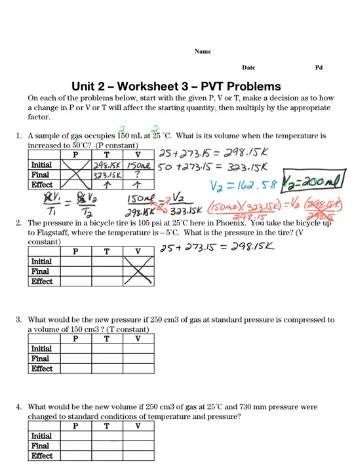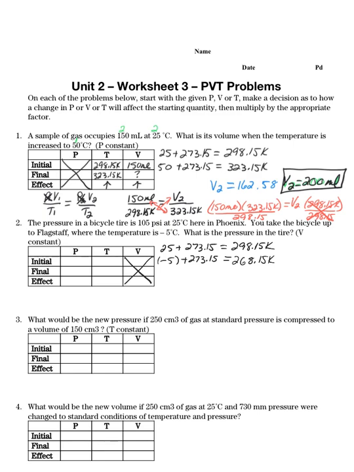Now the next one is a -5 plus 273.15 is equal to 268.15 Kelvin. All right, so now I'm ready to get rolling with my problem. So the pressure in the bicycle tire is 105 psi.